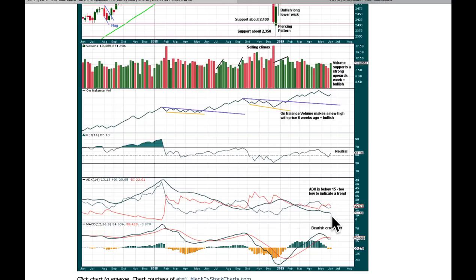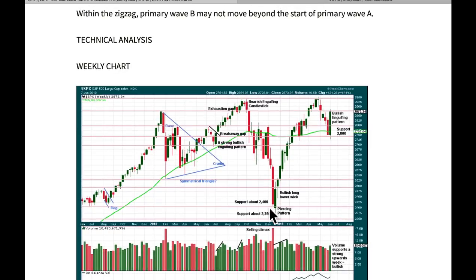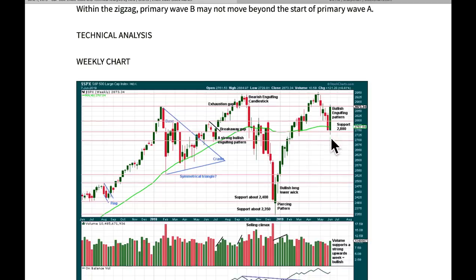ADX at this time frame is still below 15, it's declining. It doesn't tell us there is a new trend, but from this low there was a series of higher highs and higher lows, the basic definition of an upward trend. We had a lower low below this swing low here that told us this upward trend could possibly have ended, and then we had a couple of lower lows and lower highs, but now a strong bullish candle reversal pattern indicates that this previous upward trend has probably returned.